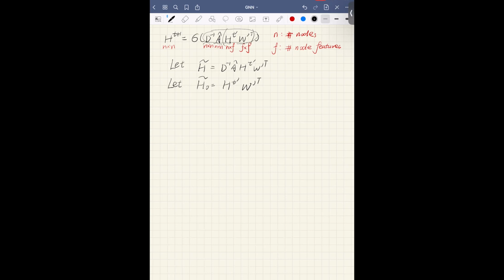So the target terms we need to solve are d loss over dH_t prime and d loss over dW prime transpose. Okay, and now let's draw the computational graph.